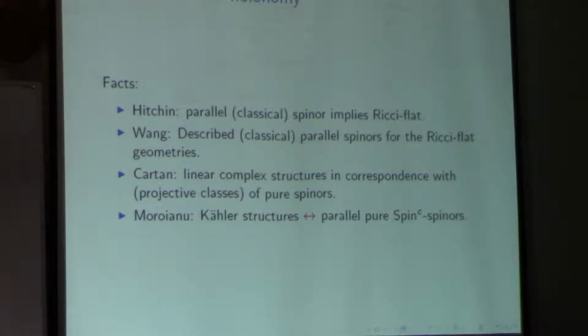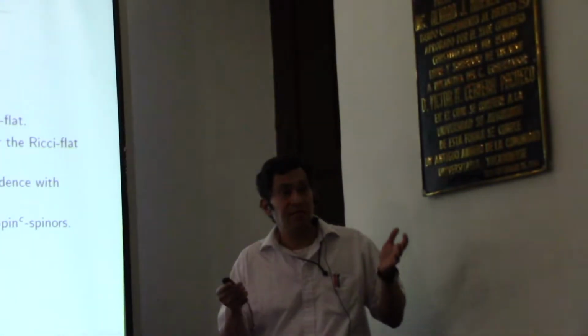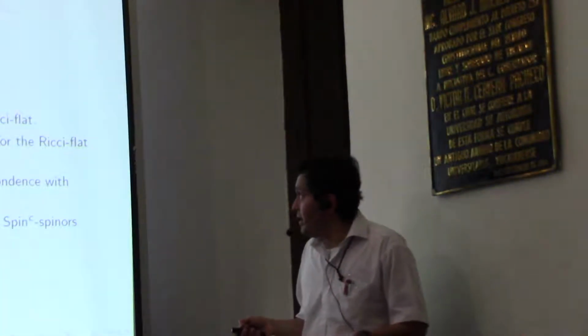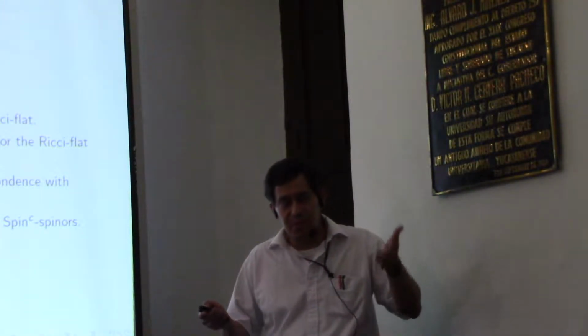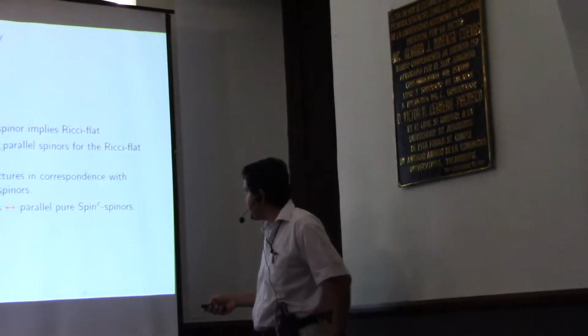Okay. Now, some of you might recall that the spin-C group became very popular when Edward Witten introduced the Seiberg-Witten equations to study four-manifold topology, which in some way you will see are related to what I'm proposing in this talk.